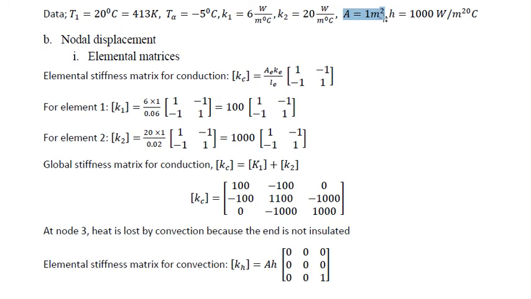This is a very important point. When area is not given, we have to consider the cross sectional area as 1 meter square. We have to take it as unit area.